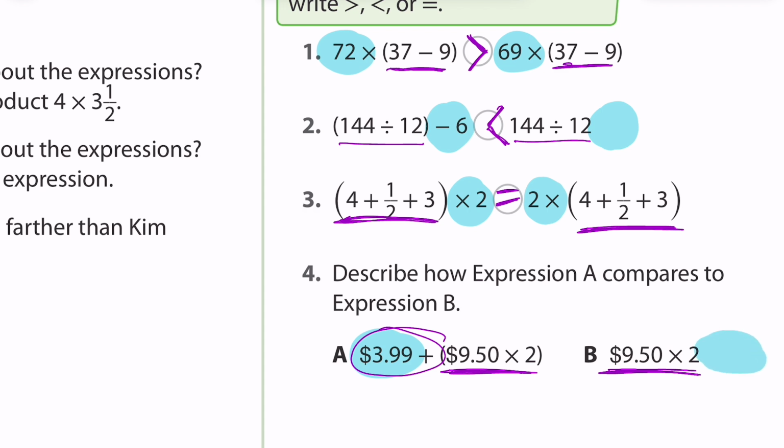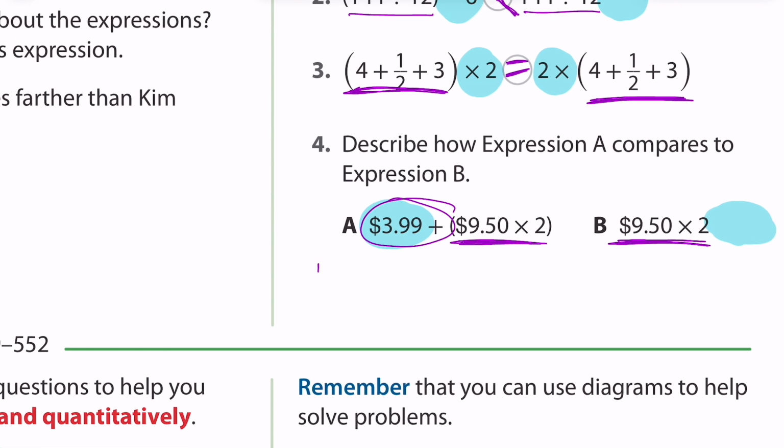This one has nothing going on with it. So this tells us that A is $3.99 greater than B.